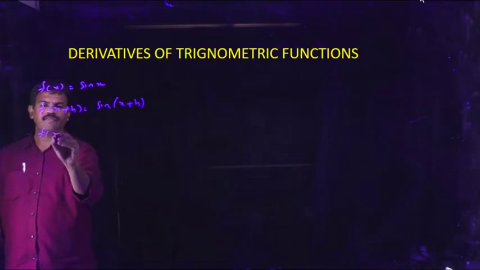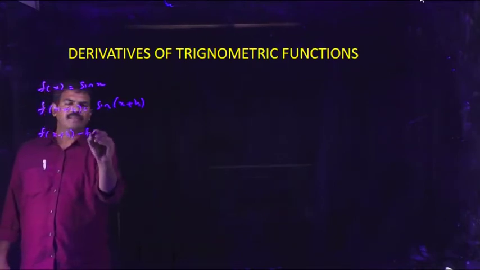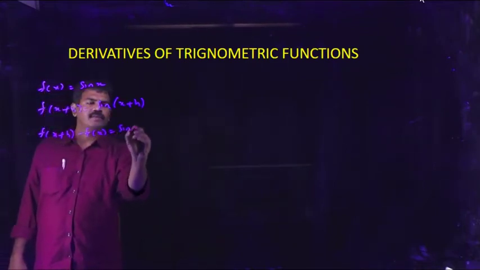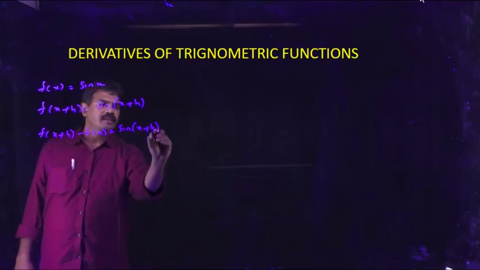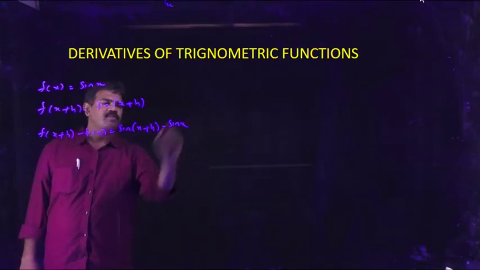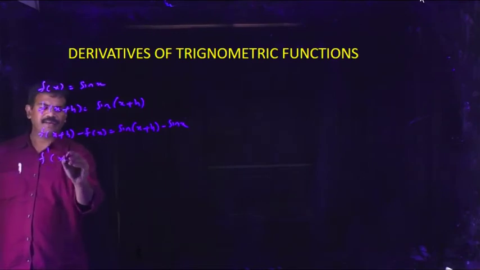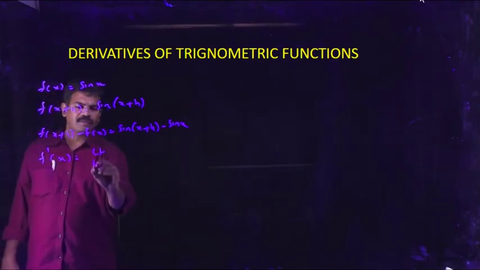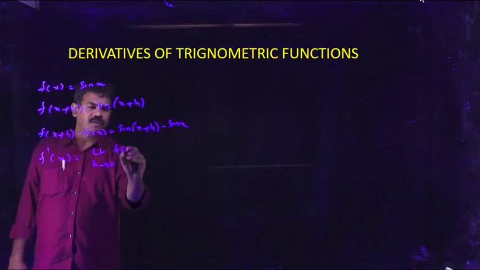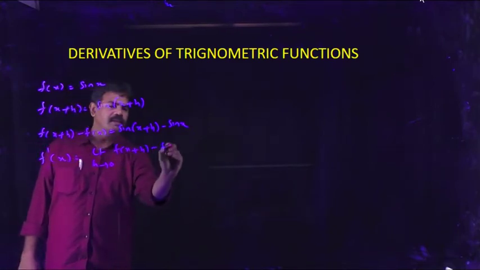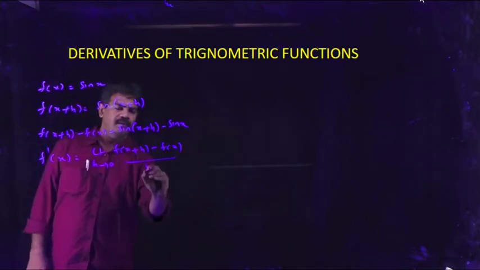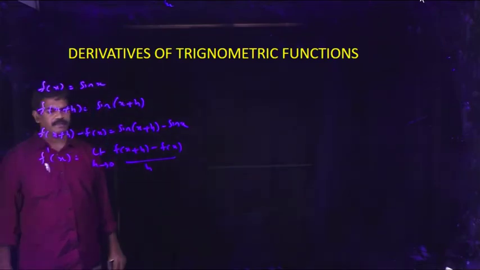We take f of x plus h minus f of x is equal to sin of x plus h minus sin x. So we know that f dash x is equal to limit h tends to 0, f of x plus h minus f of x by h. This is the definition of the differentiation.